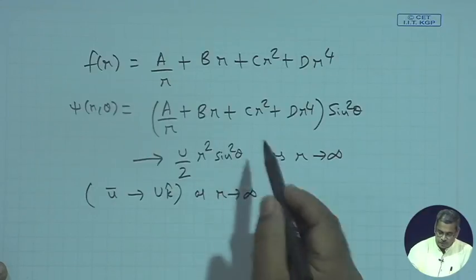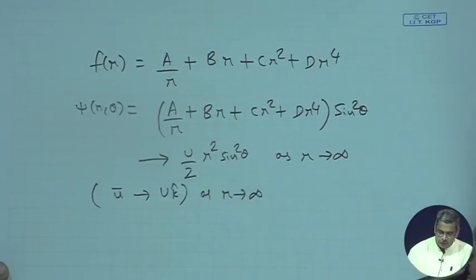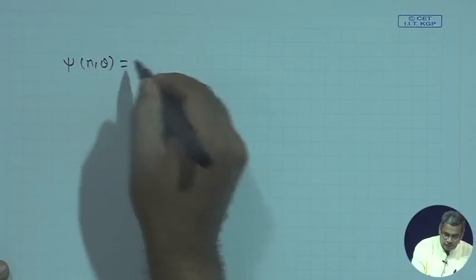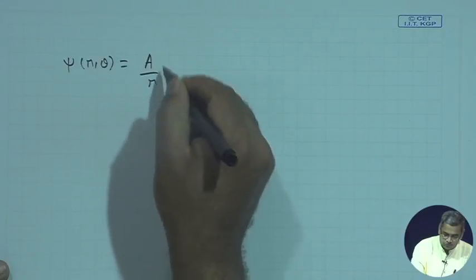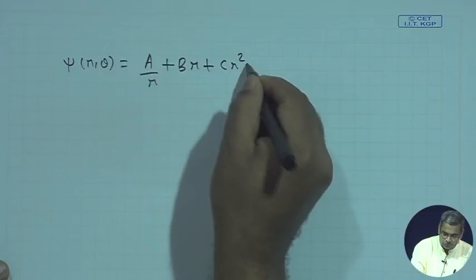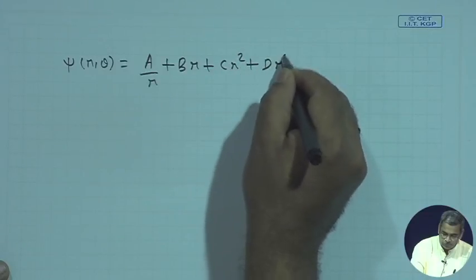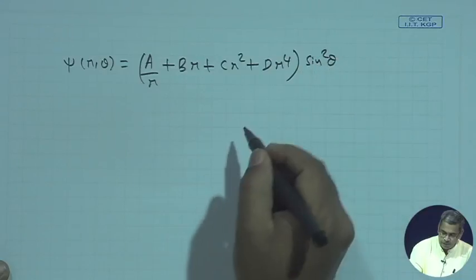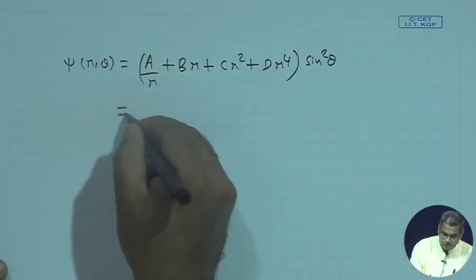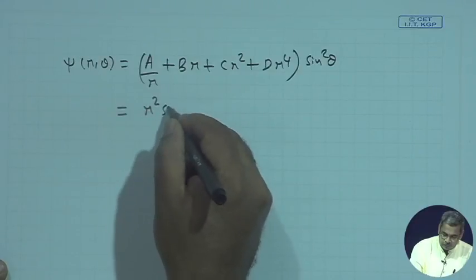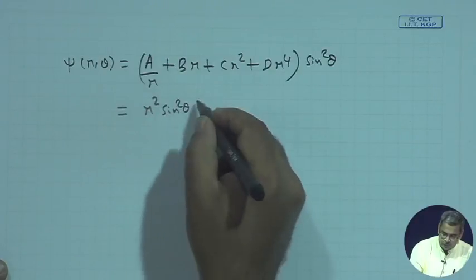So, either of them can be used. So, let us see the psi notation. So, we have psi given by this, and we need r square sin square theta.